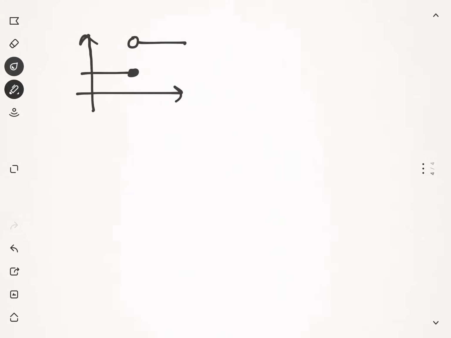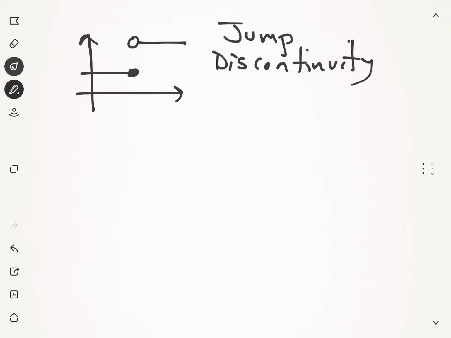What type of discontinuity exists here? This is what's known as a jump discontinuity. It's a jump discontinuity, but remember, we already said it was left continuous.